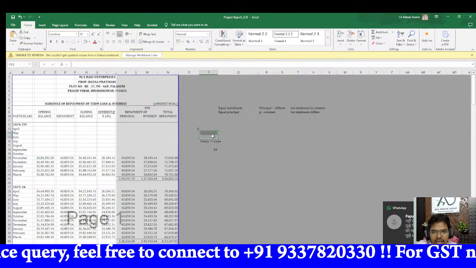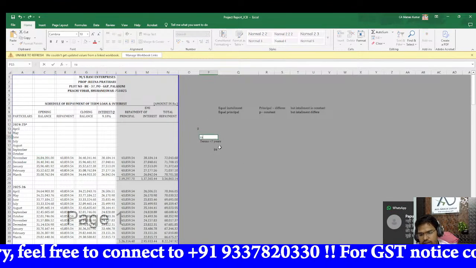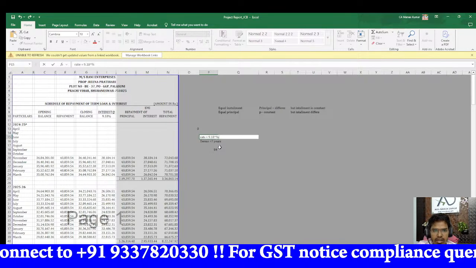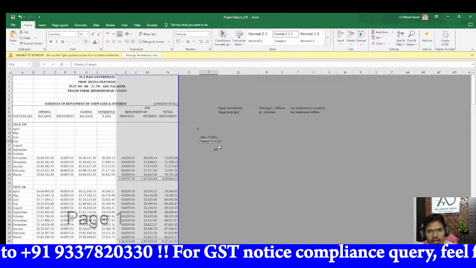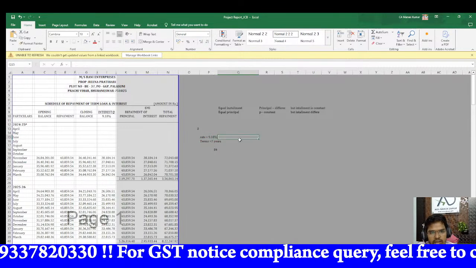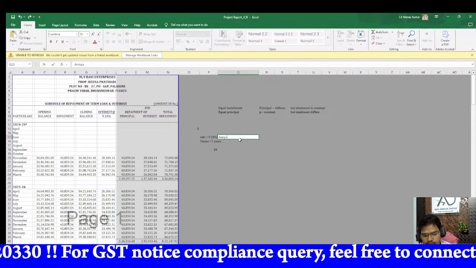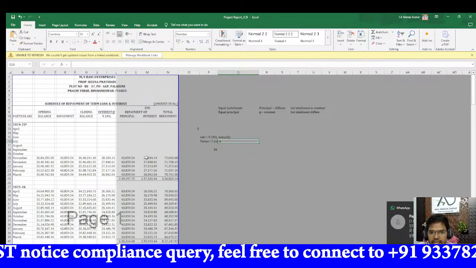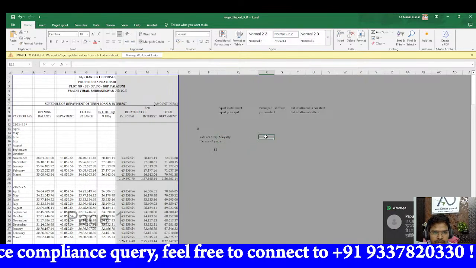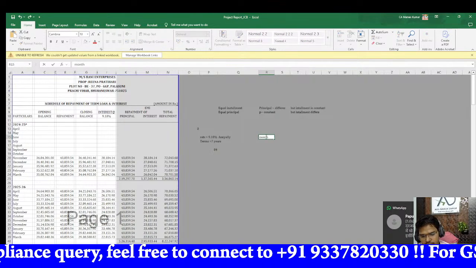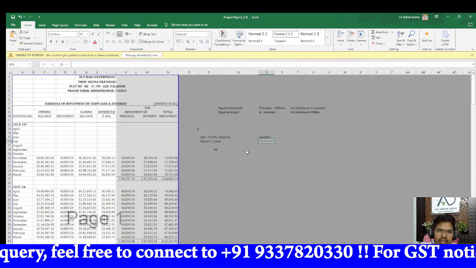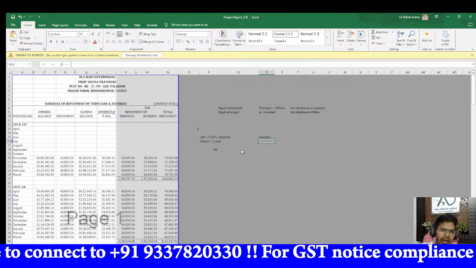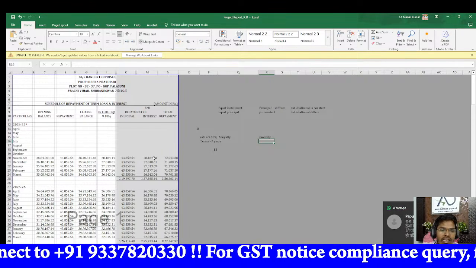And the bank says my rate of interest is 9.18%. 9.18% is annual, but we are calculating interest monthly. So first you have the annual rate of interest, then divide by 12, and it comes to the interest for each month.